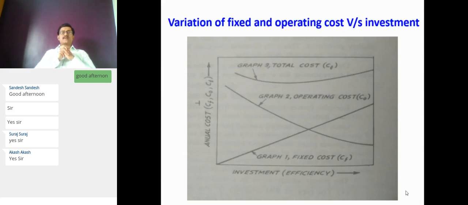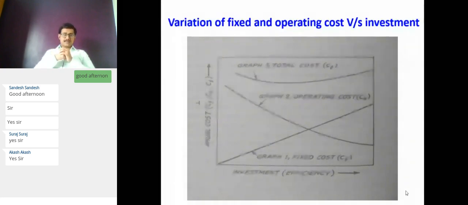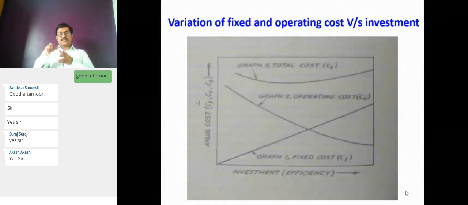So it means that the fixed cost of the plant increases with the efficiency, isn't it? It means that properly polished components, highly machined components or machines are required to get the high efficiency. So higher being the efficiency, definitely the costlier will be the equipment, isn't it? Costly the boiler, more efficient it would be.